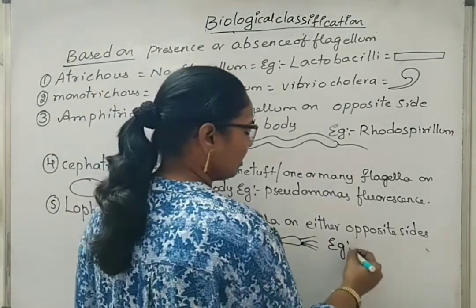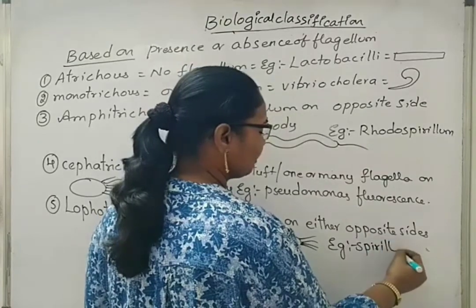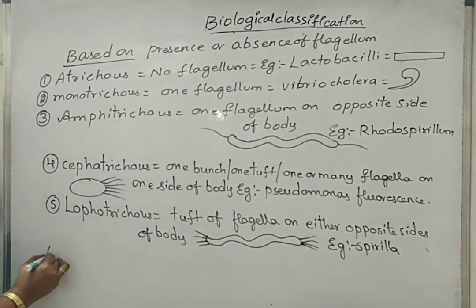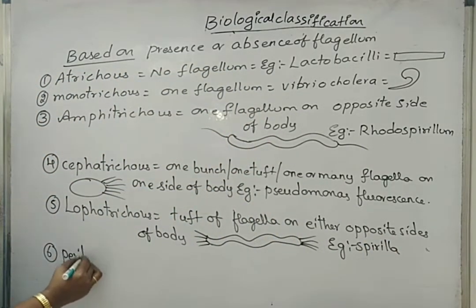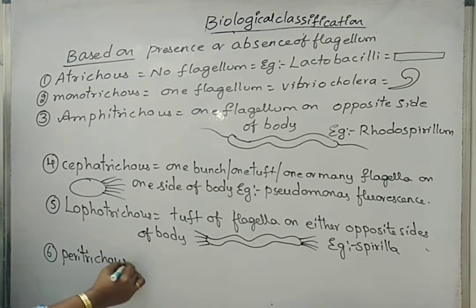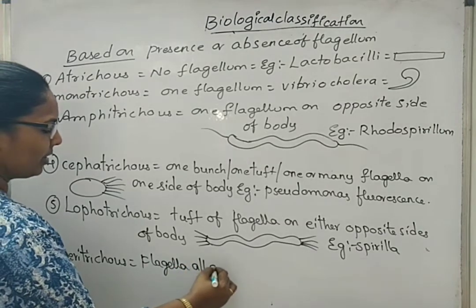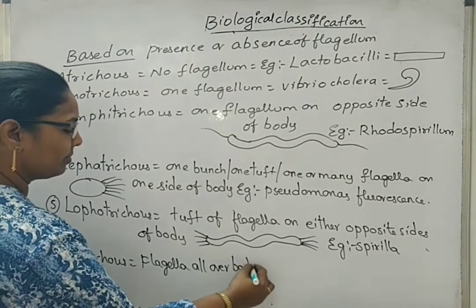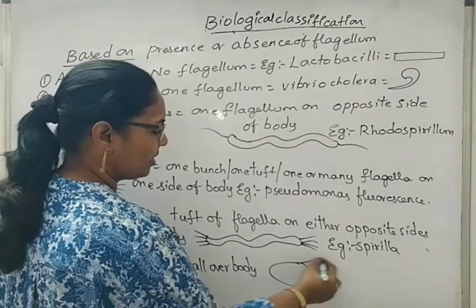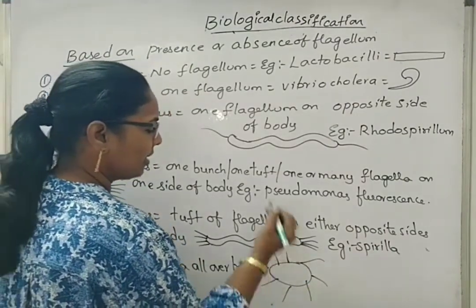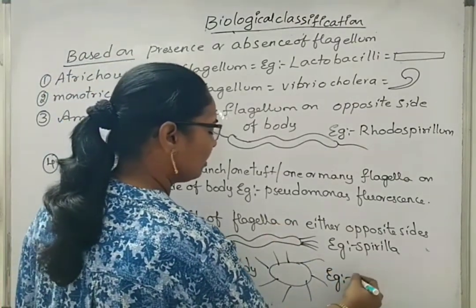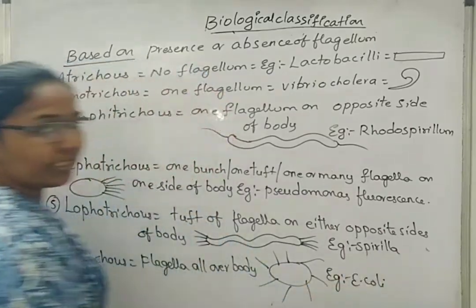Example is Spirilla. Last one is peritrichous. Flagella all over the body. If this is the bacteria, flagella all over the body like this. Example, E. coli, Escherichia coli.